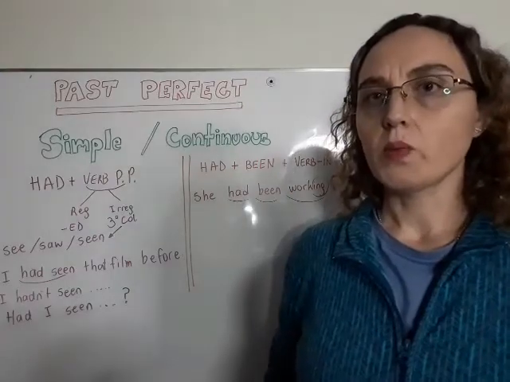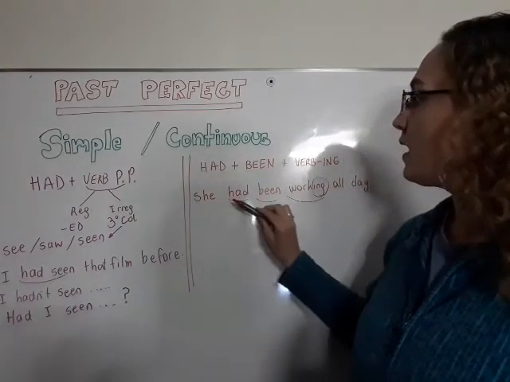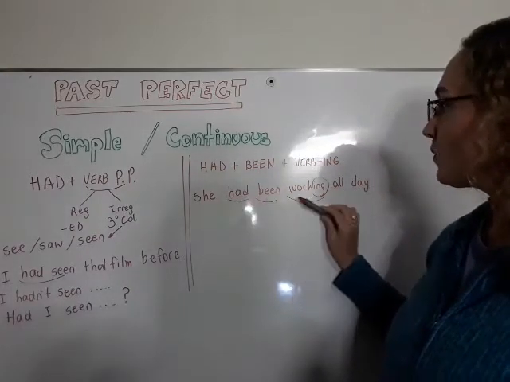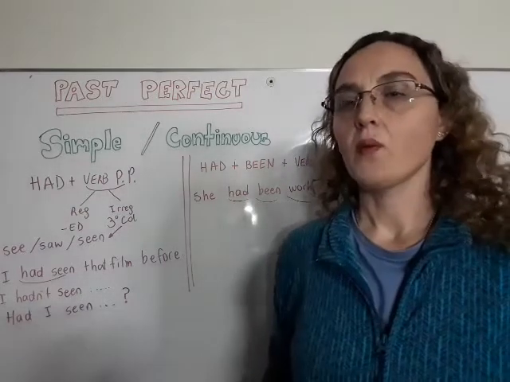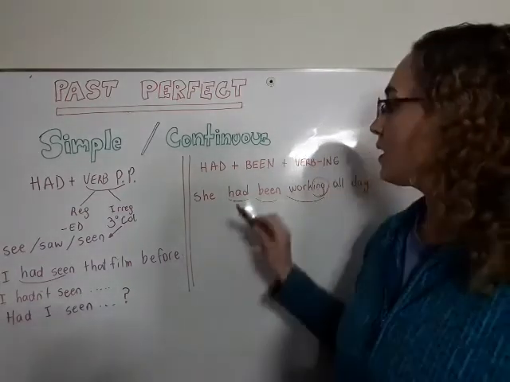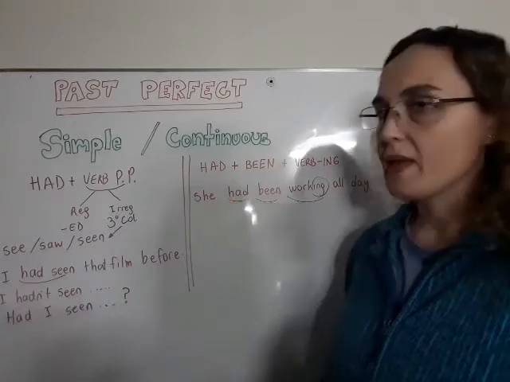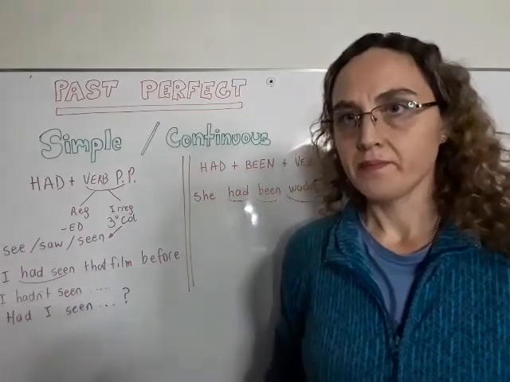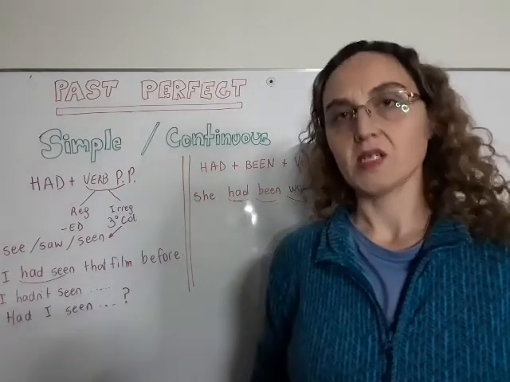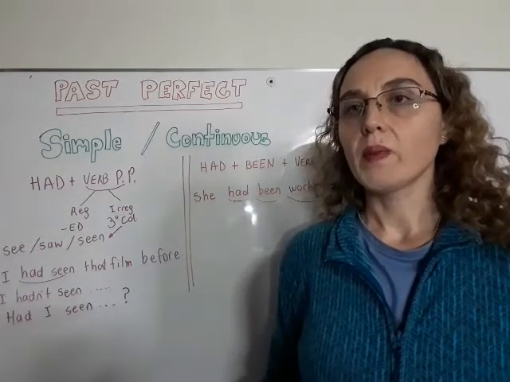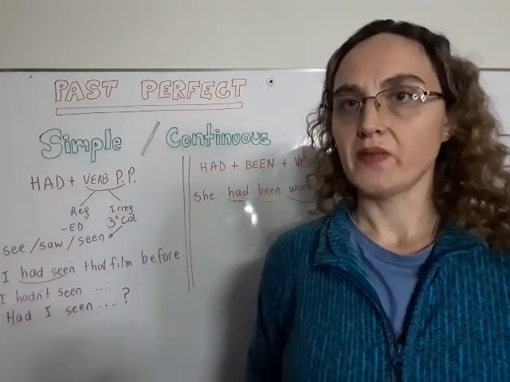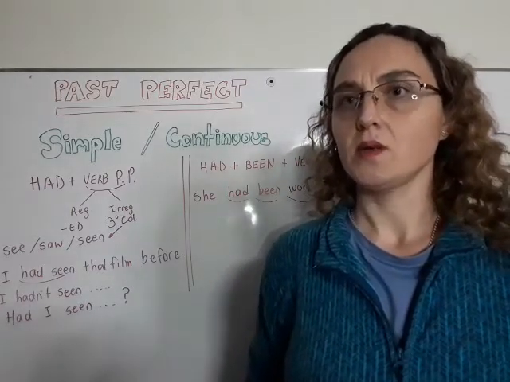If I want to make the negative, she hadn't been working all day. If I want to do the interrogative, had she been working all day? Okay, so that is the end of part 1, the formation rules of past perfect simple and past perfect continuous.